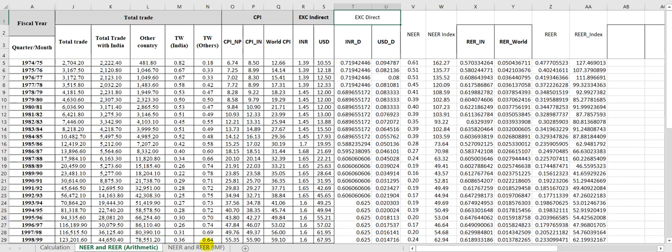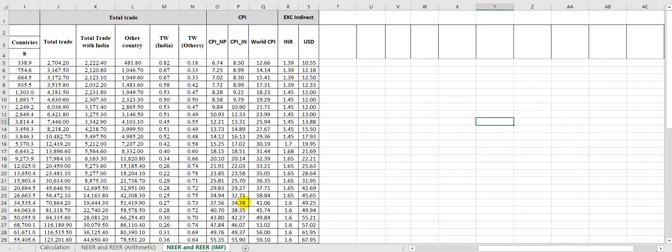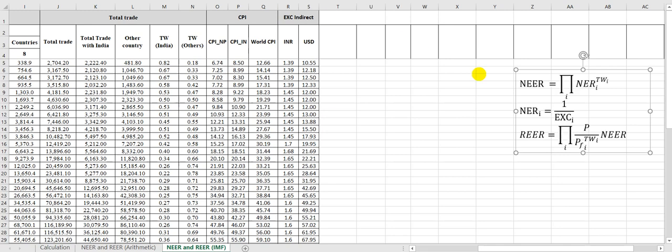So now let's move towards the IMF approach. In the IMF approach, we will use the geometric mean approach. So now for the formula, this is the formula the IMF uses to calculate NER and RER.